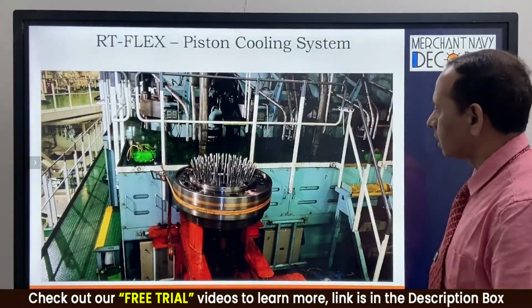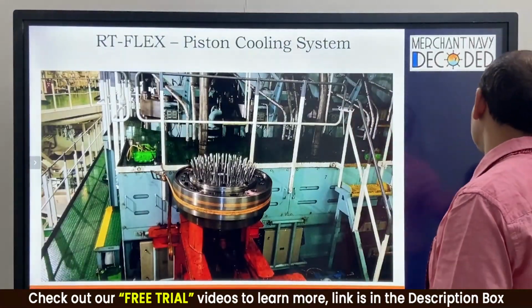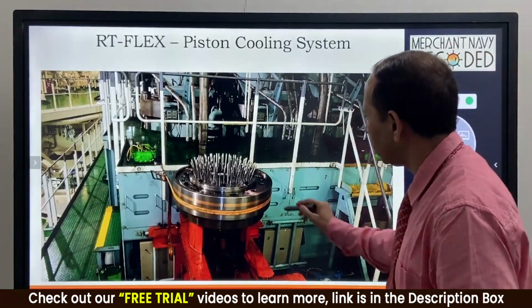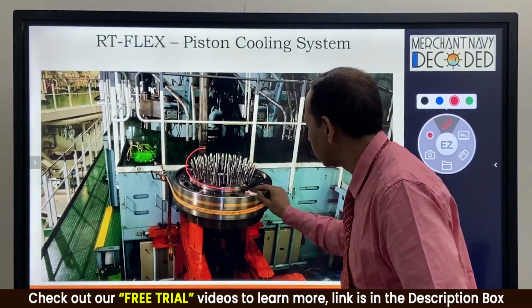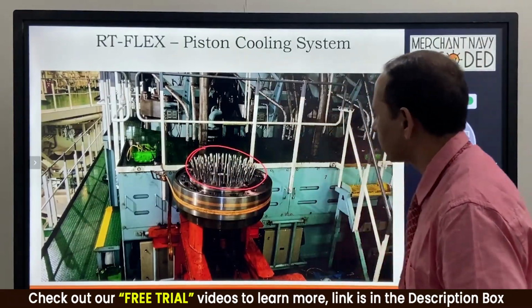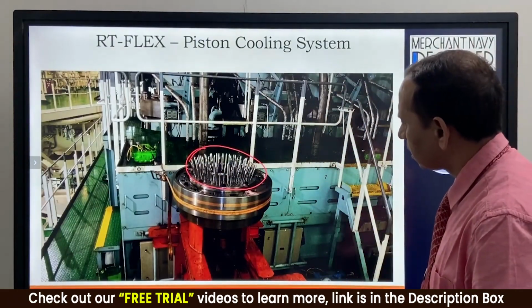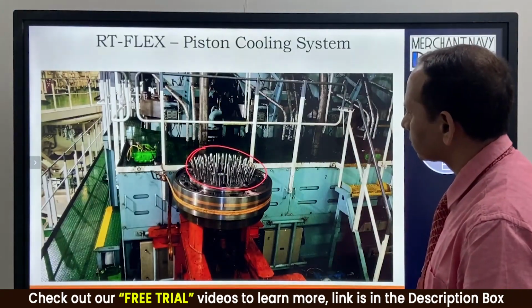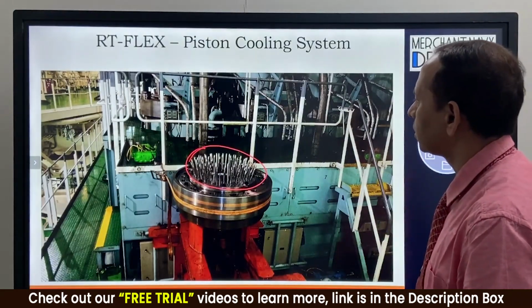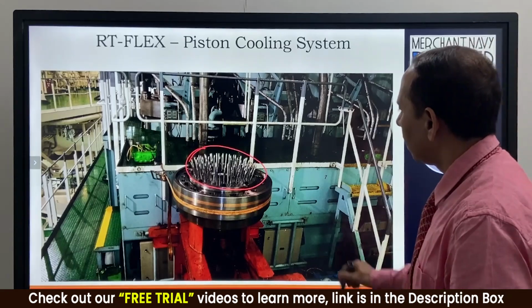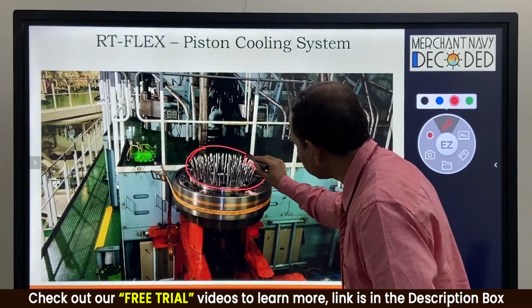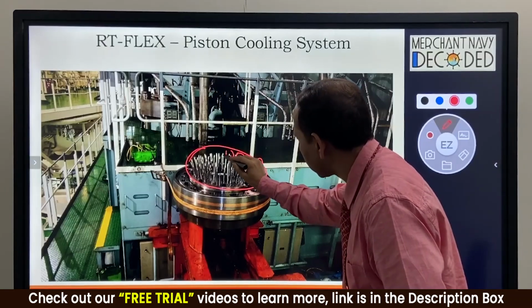This is the next part of the piston which we call the skirt and the cooling jacket design, the cooling shaker design. These are the set of nozzles which are going to inject the lube oil at normal temperature, coming from the system oil, and these jets are fitted into the profile which we have shown just earlier in the slide.